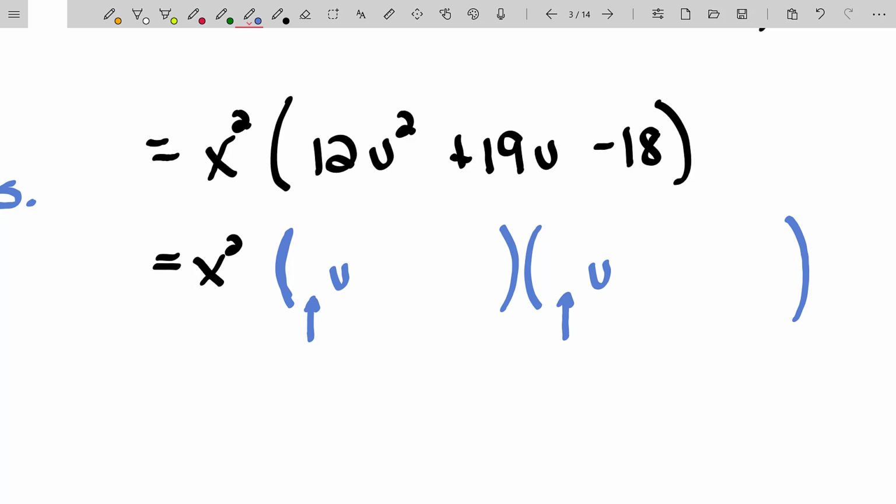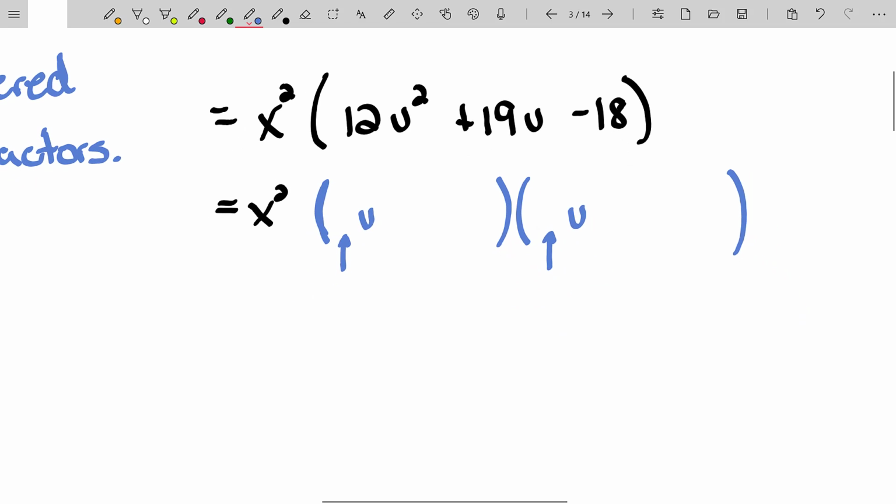I need those two coefficients to multiply to become 12. So start listing the possible factors of 12. What are two numbers that multiply to 12? 1 and 12, obviously. 2 and 6, obviously. And 3 and 4, again, obviously. Those are the only combinations that I can work with.